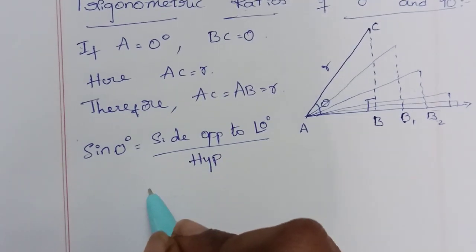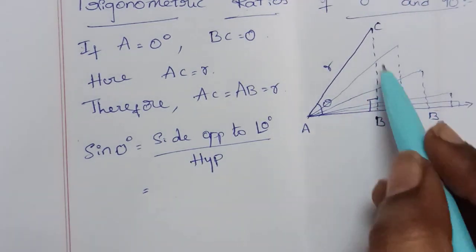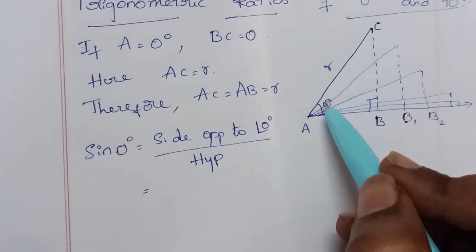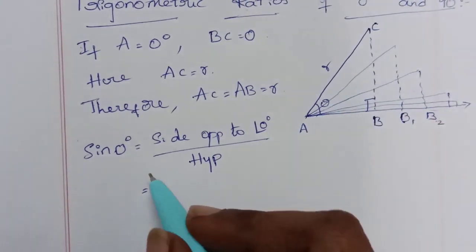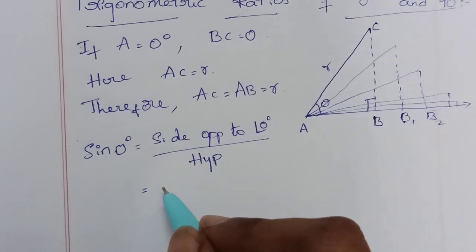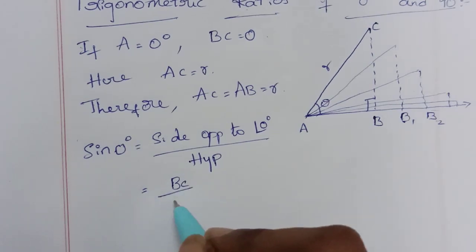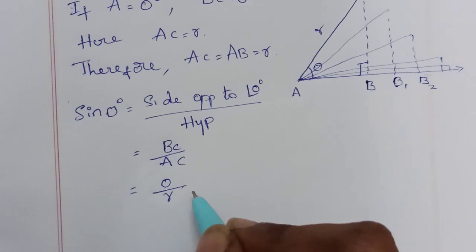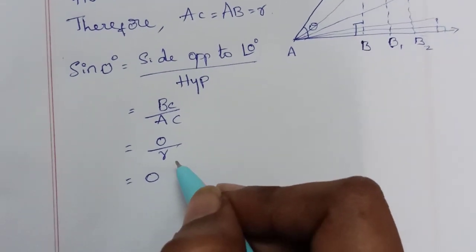hypotenuse. That is equal to side, here opposite side is BC, AB is adjacent side, R is the length of this triangle, hypotenuse. BC by AC, so 0 by R is equal to 0.